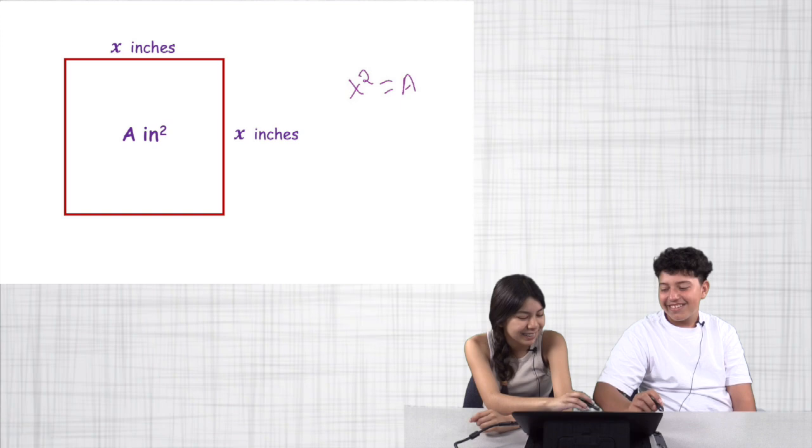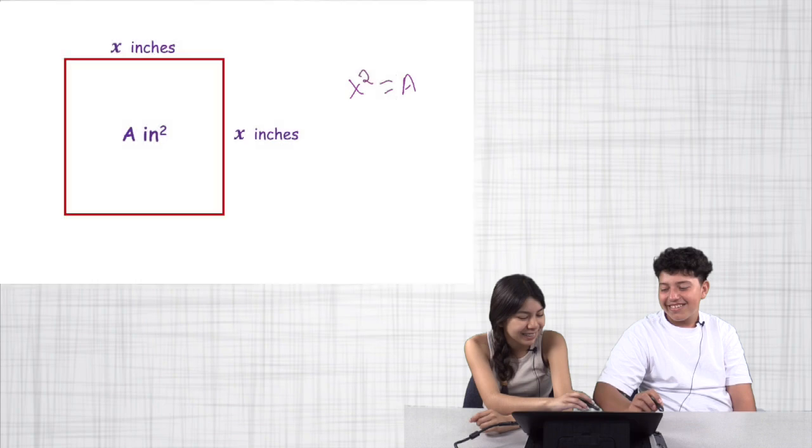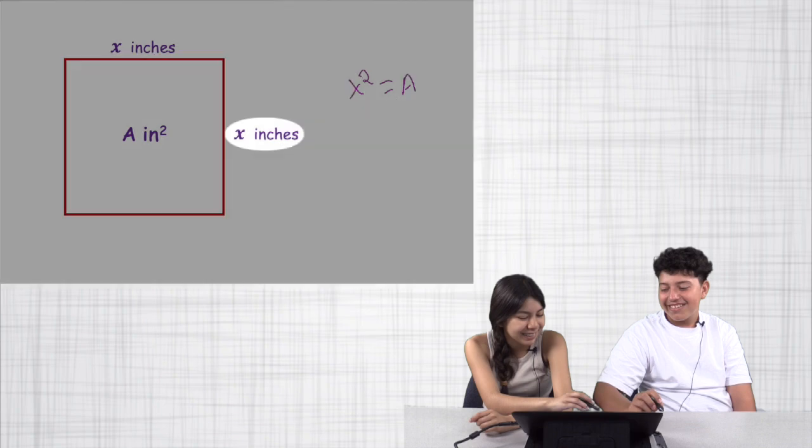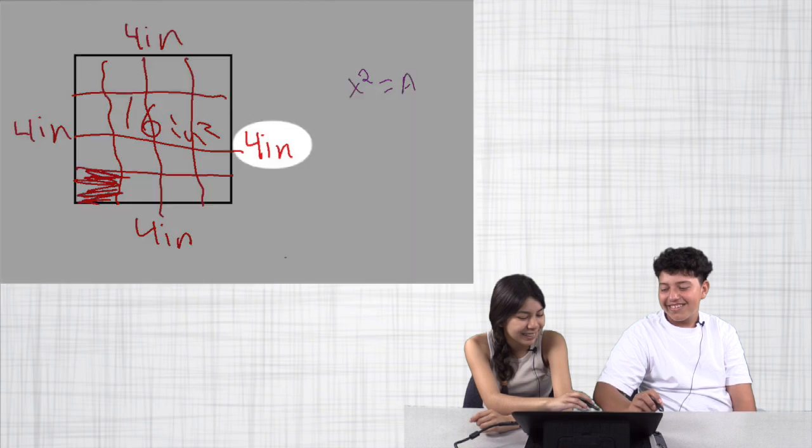Do you see why they didn't need a third variable? As Emily put it, the x inches and the x inches are the same because it's a square. They saw this in their example too, where 4 inches was equal to 4 inches.